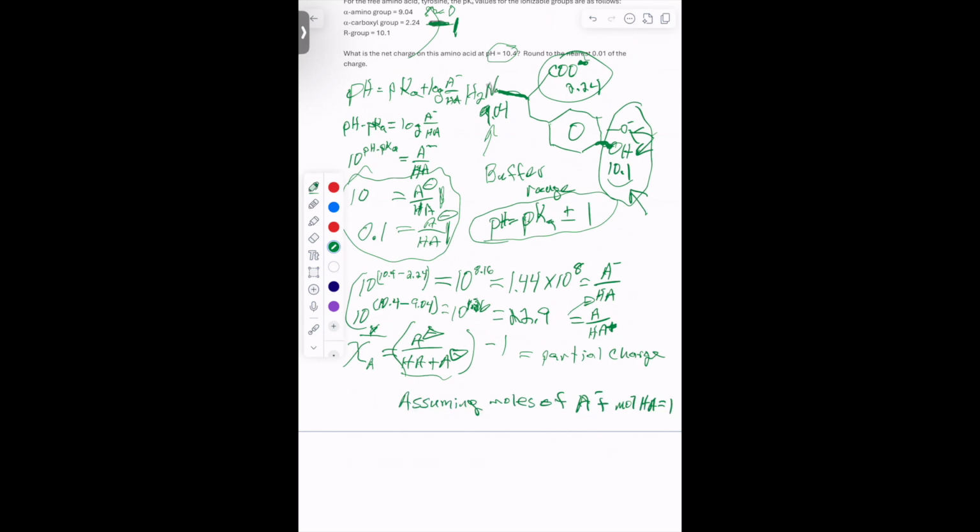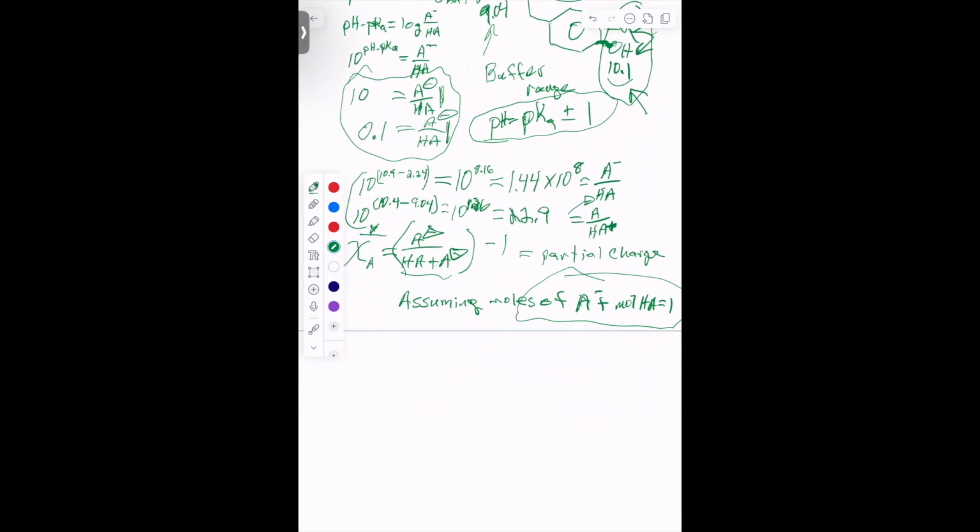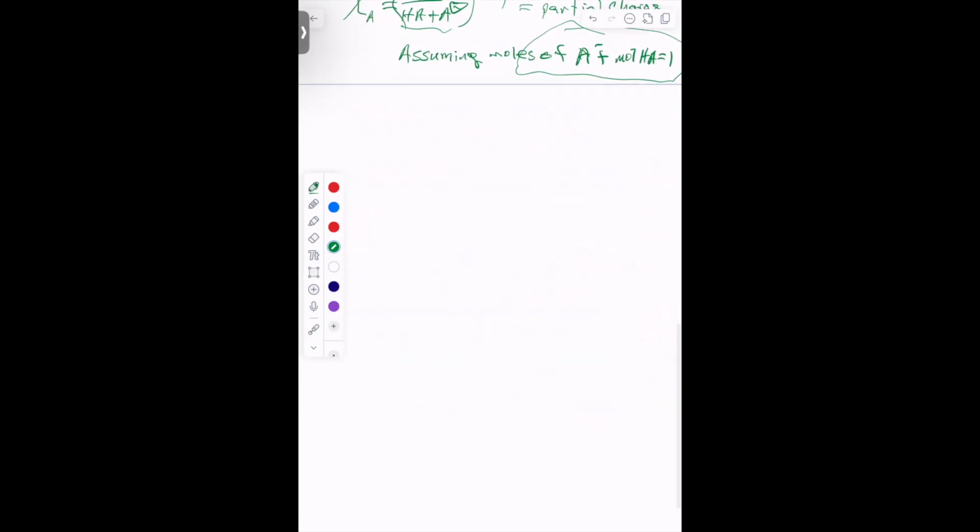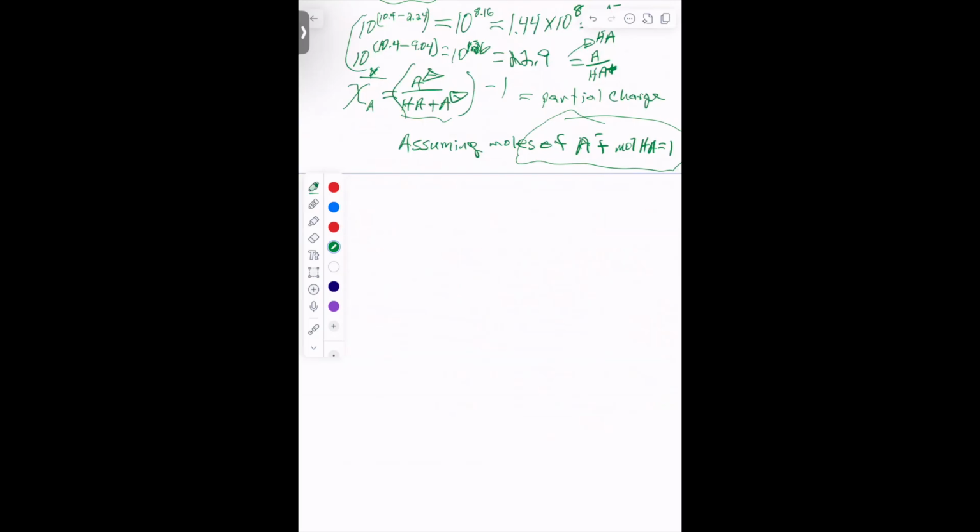We assume that the moles of HA plus the moles of A minus equal 1. All right? That's an important assumption we can make. And now we go and use our Henderson-Hasselbalch equation. So we know that pH is equal to pKa plus the log of A minus over HA.